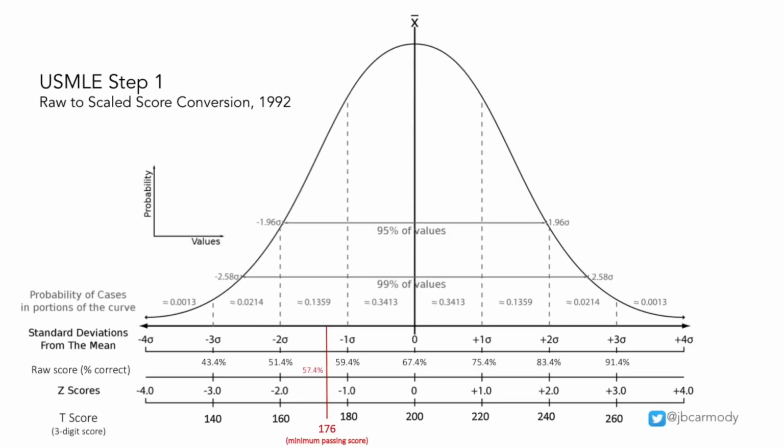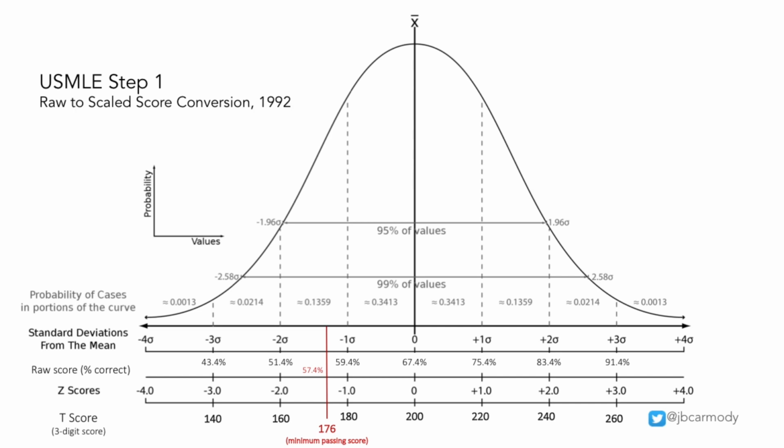Now that we know the numbers, it's easy to make something like this. What I did here is I put together a raw to scaled score conversion for 1992 examinees. And again, we can do this with a high degree of confidence because we know the raw score that is required to be at the mean, and we know the data point that's required to hit the minimum passing score of 176.